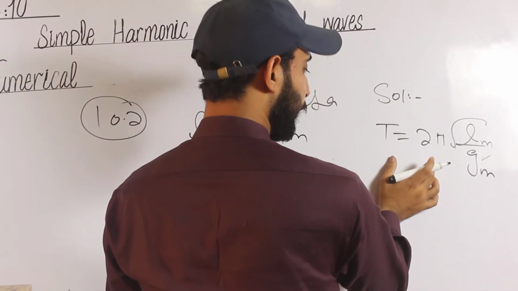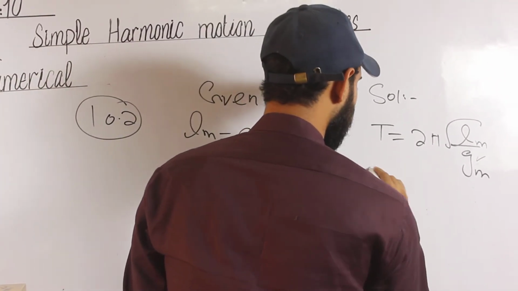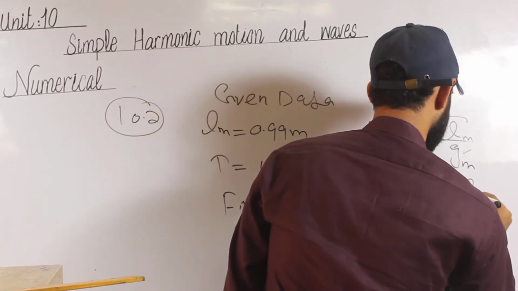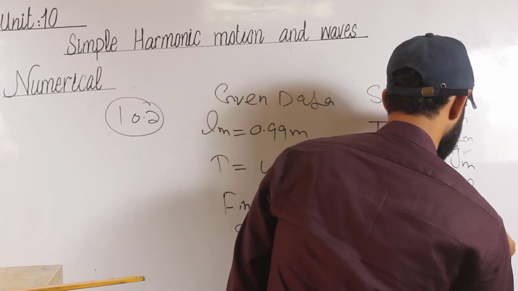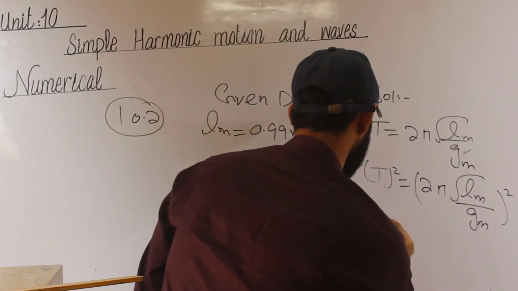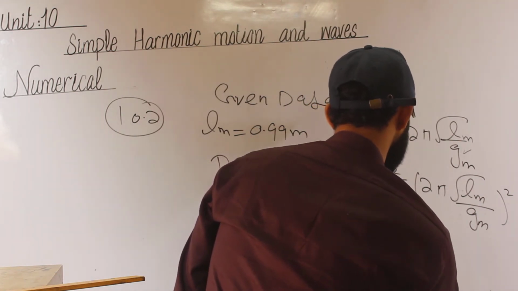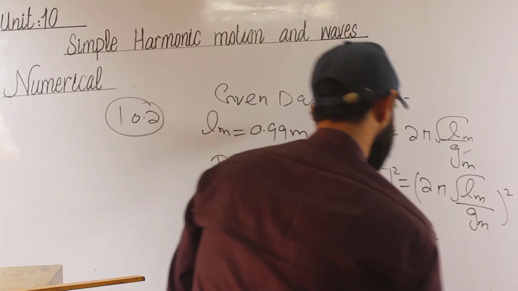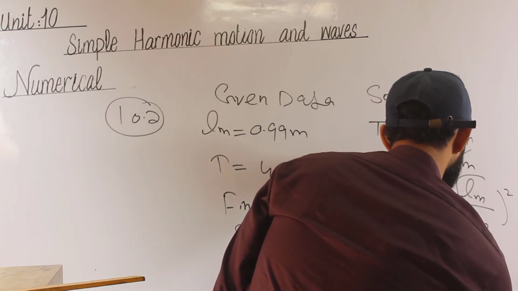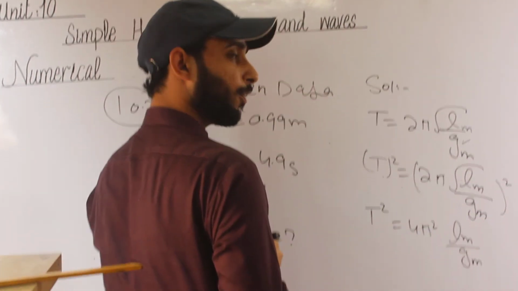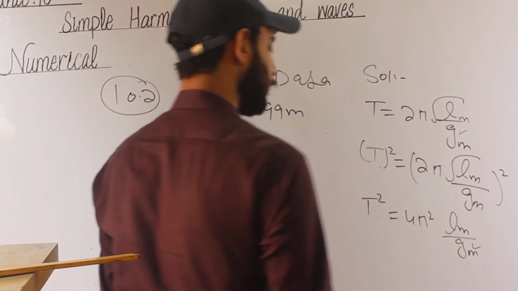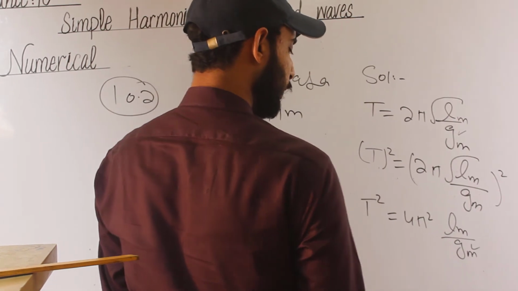First of all, we take the square on both sides. Taking square on both sides, we will get T square is equal to 4π square Lm over Gm. Student, what we have to find here is Gm. So first of all, we arrange the formula.